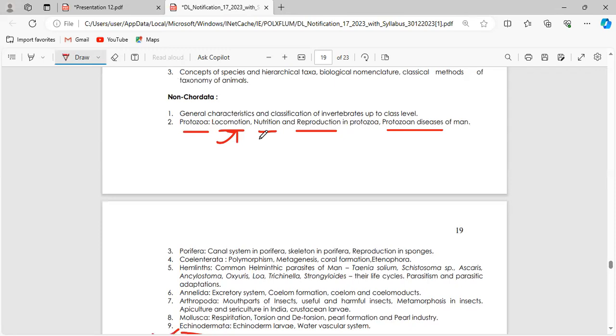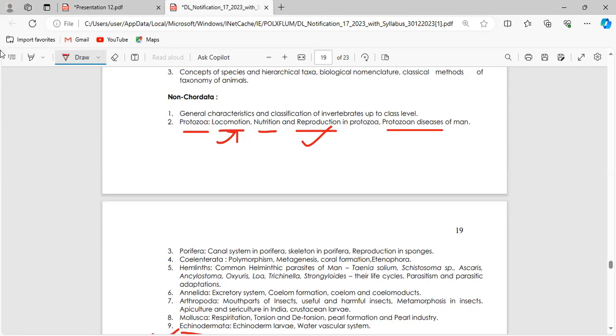In non-chordata, examples play an important role. That will be the questionable area. And reproduction in Protozoa: there are different types, like binary fission, multiple fission, and regeneration, and which organisms perform which type of reproduction. That is also important to know.